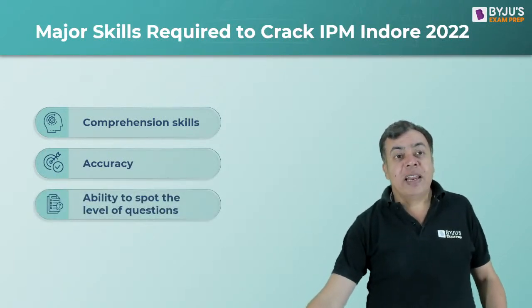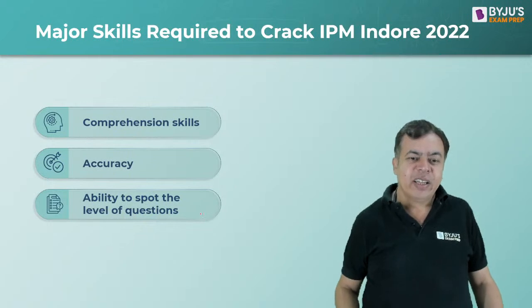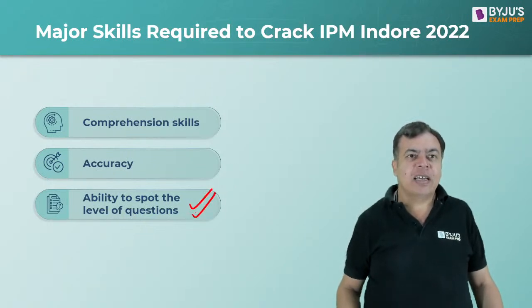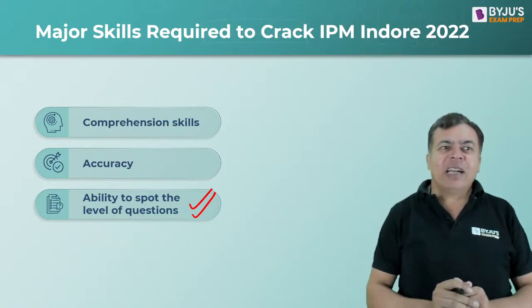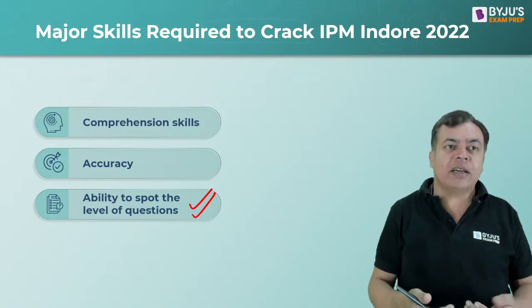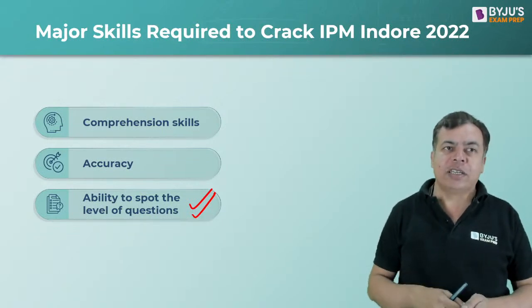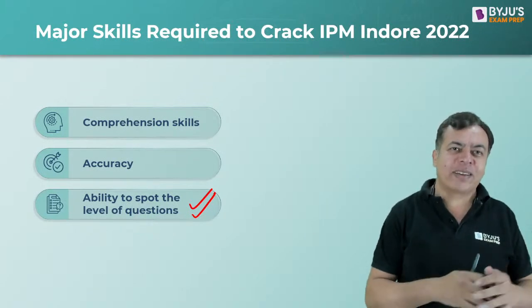And then the ability to spot the level of the question, right? This is important. This is the real key. Whoever can do this will definitely clear the exam. To be able to do this, to understand the level of the question, you should be very comfortable with that topic.